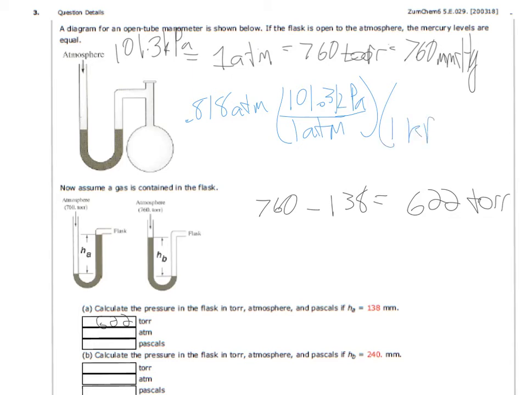And if we know our metric prefixes, a kilo of anything is 1,000 of that base unit. In this case, it's a pressure unit, pascals, and a kilopascal would be 1,000 of those. So if you follow how the units work, atmospheres crosses out, kilopascals crosses out, and pascals is what is left. On my calculator, I'm typing 0.818 times 101.3 times 1,000, and I come up with 82,900 pascals.